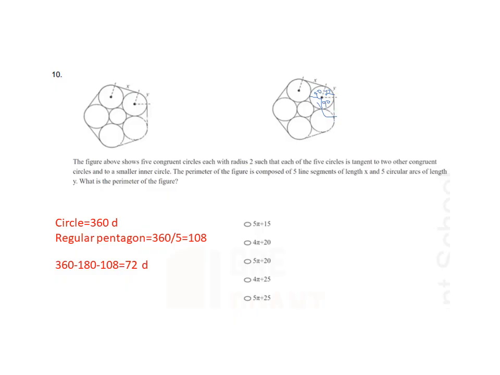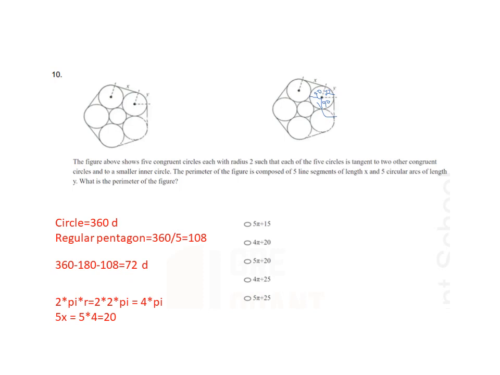As you know, it is 72 and you know the radius. It is easy for us to find out the arc length, right? So now we're given that radius is 2. So 2 pi r, that is the circumference, equal to 2 multiplied by 2 into pi equal to 4 pi. And what is the x? It's the diameter.